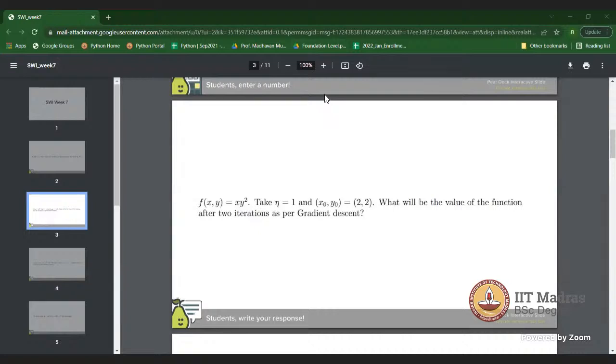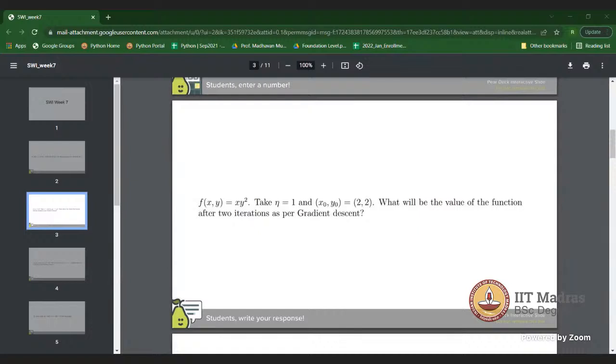If you completed the problem, please raise your hand. For a multivariable function, we will have to use the gradient, not f dash x.